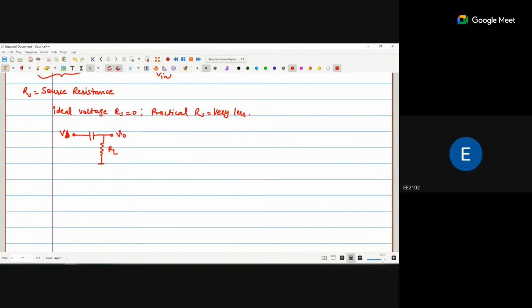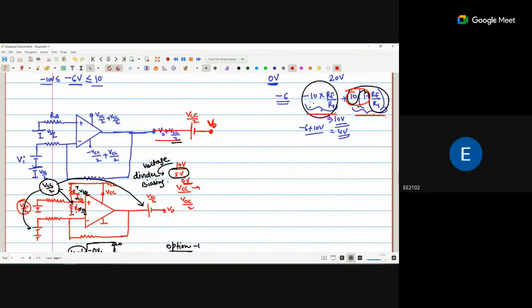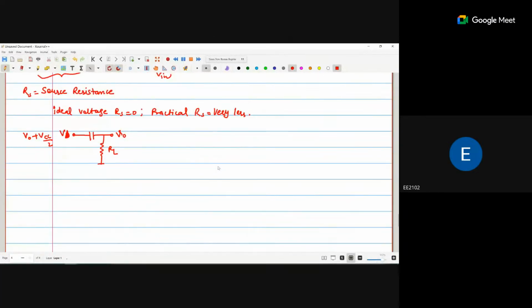Okay, we call it VB, because VB is nothing but Vout plus VCC by 2. To eliminate this VCC by 2, we connect this battery in the opposite polarity. Then we are getting the Vout. So that's why I am saying this is the Vout plus VCC by 2. That is the VB. Yes, sir.